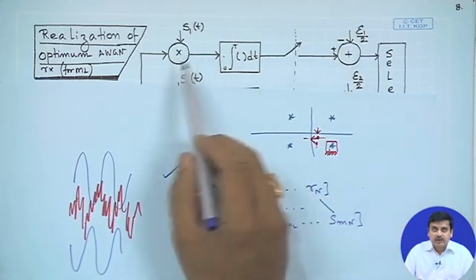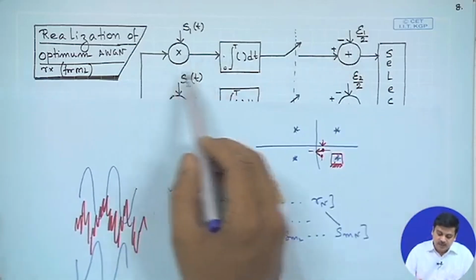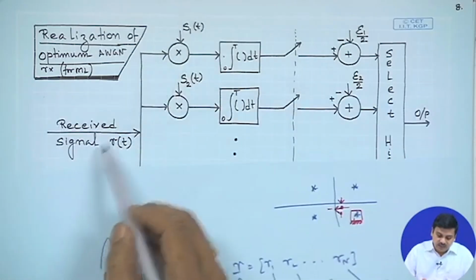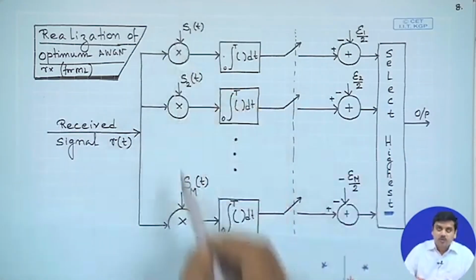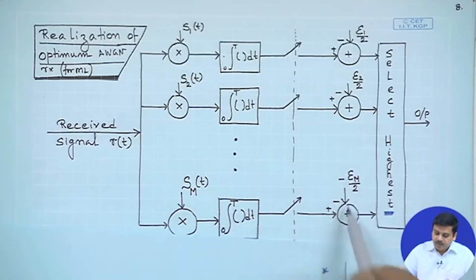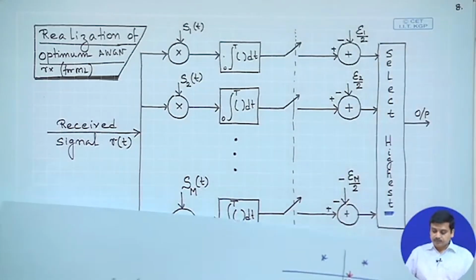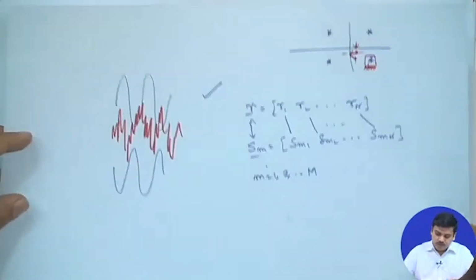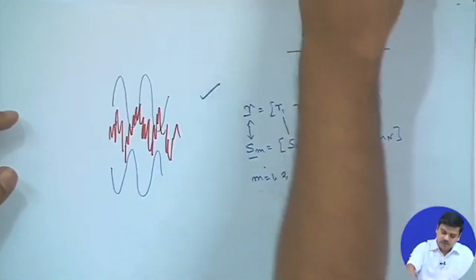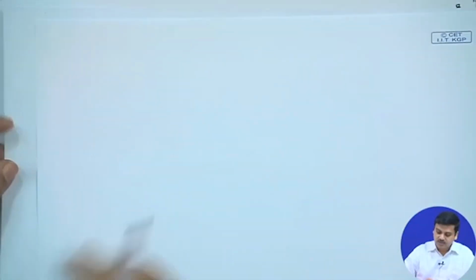When you look at it in the integral form, we had the correlation of the received signal R with the different possible waveforms. Take away the bias term of each possible waveform and select the one which maximizes. So, these are the two ways of looking at it: minimum distance or maximum correlation.